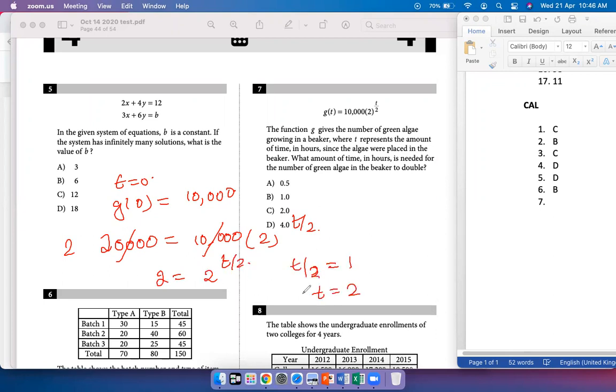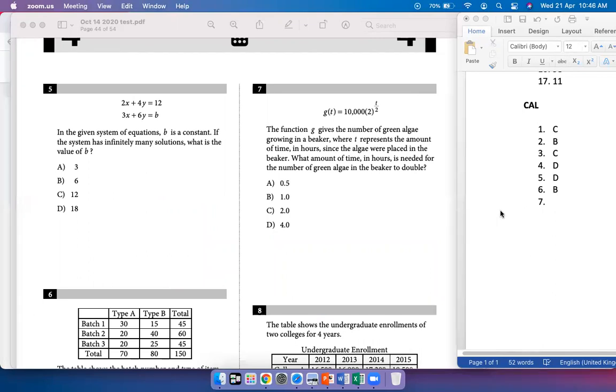And so t is 2. Which means that after 2 hours, the number of green algae will double. That's also kind of intuitive, because if you put 2 for t, then 2 by 2 becomes 1, and you can see that 10,000 gets doubled, right? So t should be 2 hours. Option C.